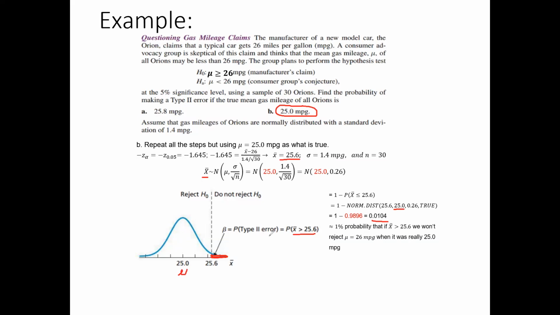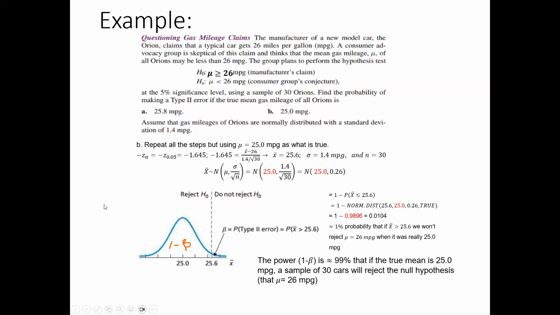So that's going to give us that probability of a type 2 error. But what's on the left, on the other side of this 0.01, is 1 minus beta, and we call that the power. And in this case, the power is approximately 99%. That was actually already calculated as part of the steps we did to get the beta.